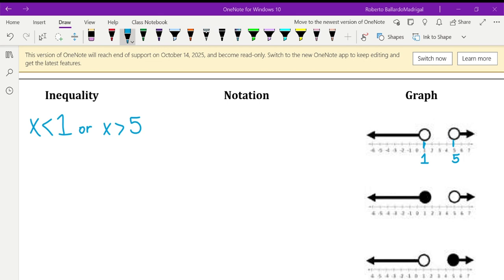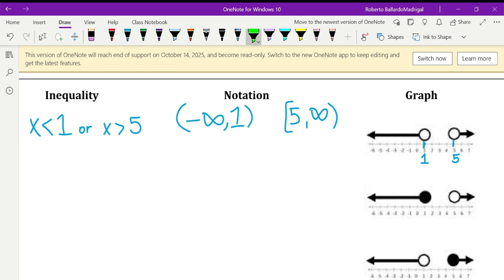So that's the inequality for the interval notation. If it's x less than 1, that means it's going towards negative infinity. So we're coming in from negative infinity, stopping at 1. And then we are starting with 5 and going toward positive infinity.